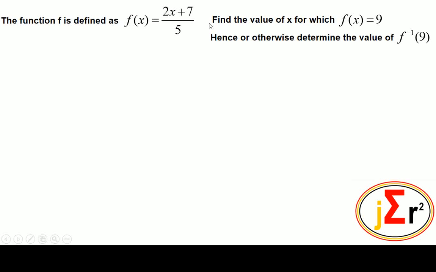What they are saying is that by finding the value of x for which f of x is equal to 9, then it should be a direct consequence for us to find the value of f inverse 9. But let's see how this works itself out. Let us begin where we left off.